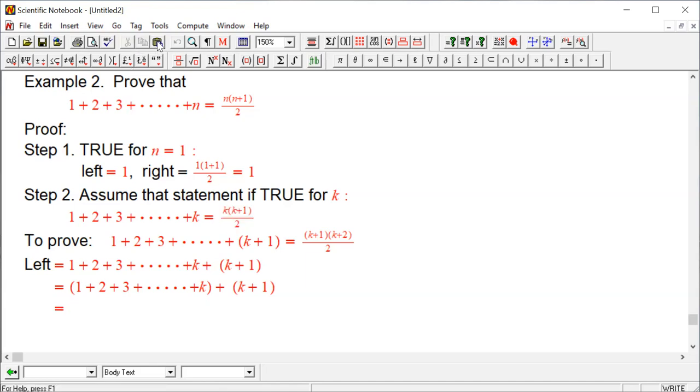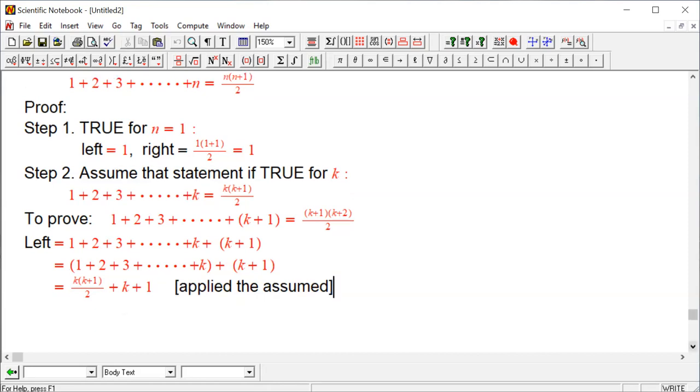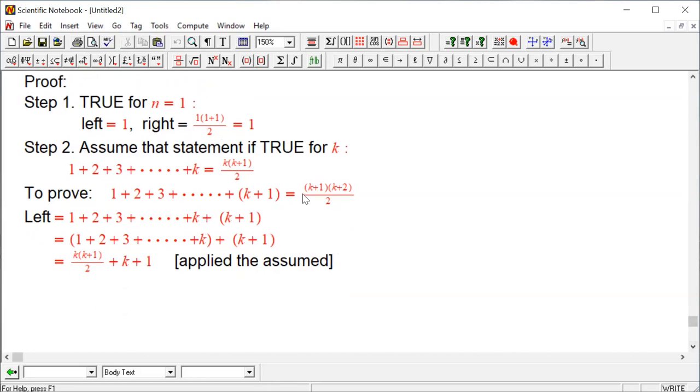So we're going to put it here, n plus k plus 1. Okay, so we have applied the assumed. And now let's keep going to see if we will end up with the right-hand side here.